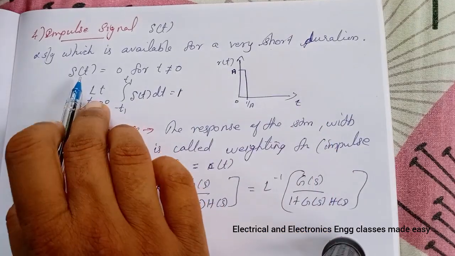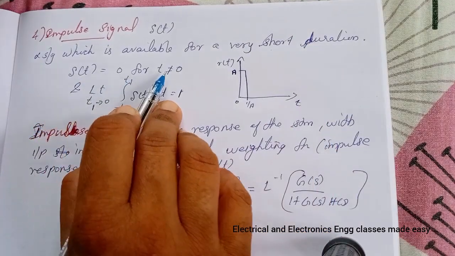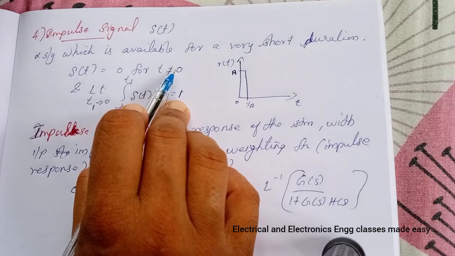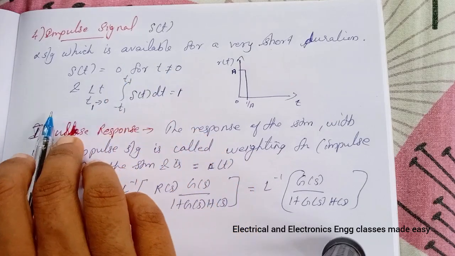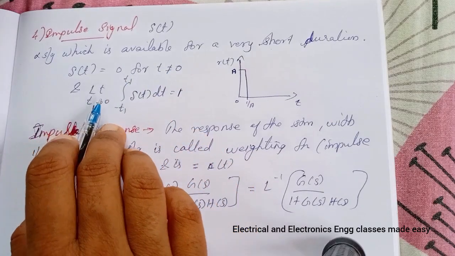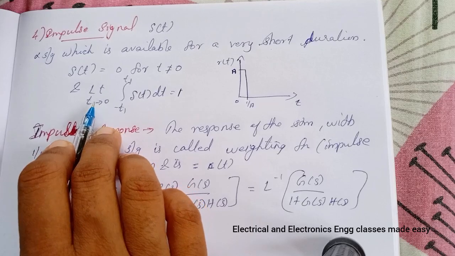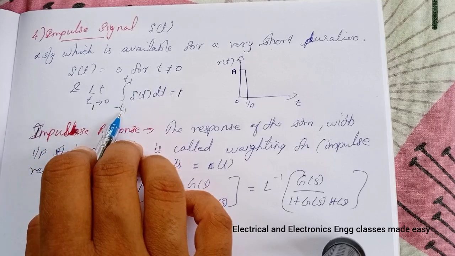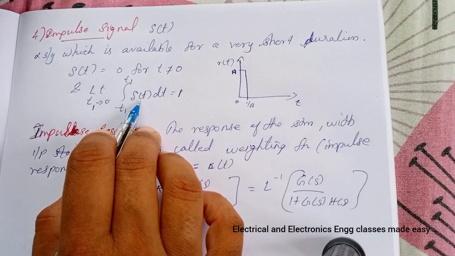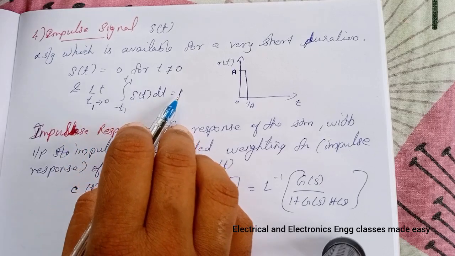a. So delta of t is equal to 0 for t not equal to 0 and limit t1 tends to 0 integral minus t1 to t1 delta of t dt equal to 1.